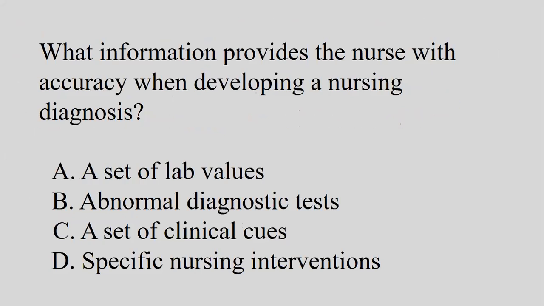Okay, who just read? Who's next? Mary just read, right? Okay, Brittany, I think it's your turn to read. What information provides the nurse with accuracy when developing a nursing diagnosis?